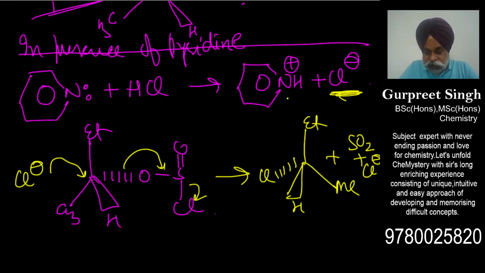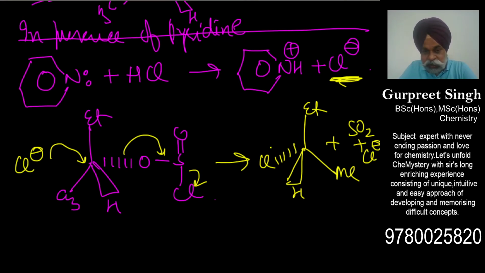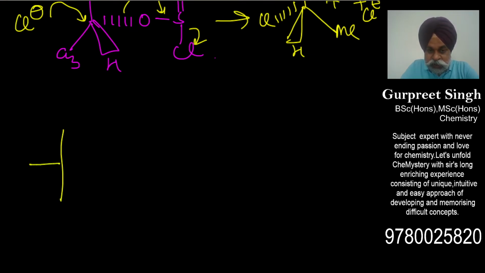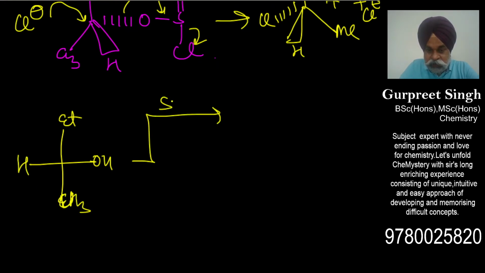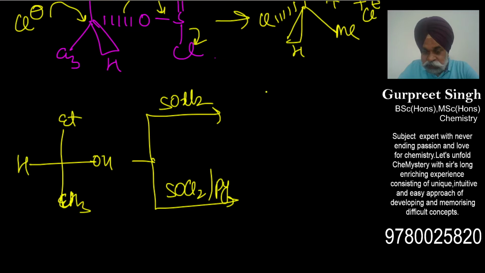So this is very, very important: if you are given a compound like this, this is methyl, this is the starting material they gave. If they are giving it with thionyl chloride, or with thionyl chloride in presence of pyridine, the answer would be different.